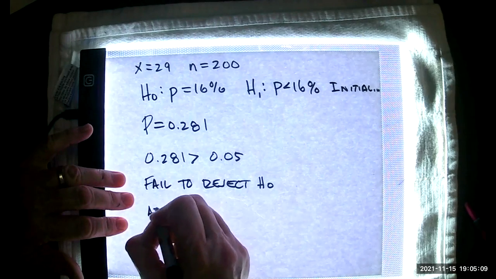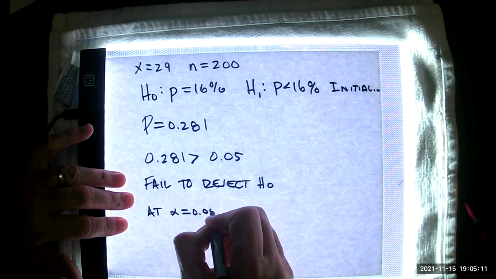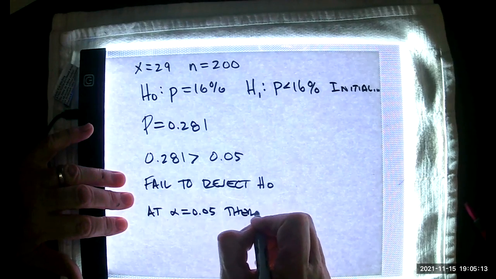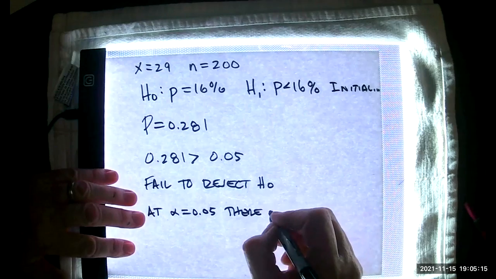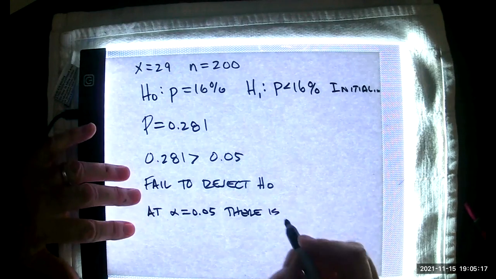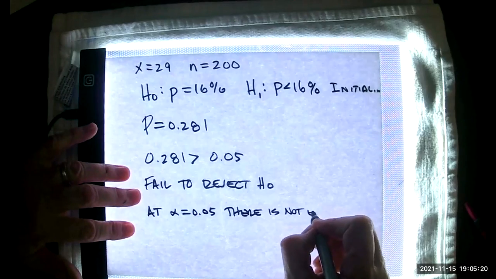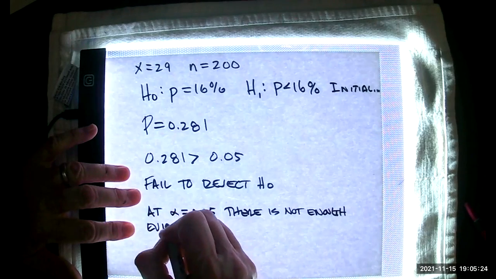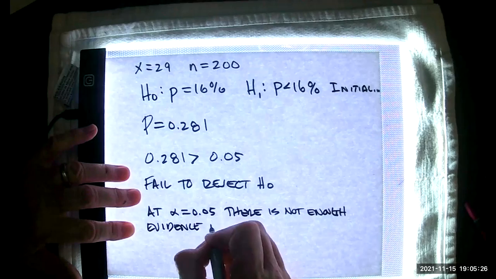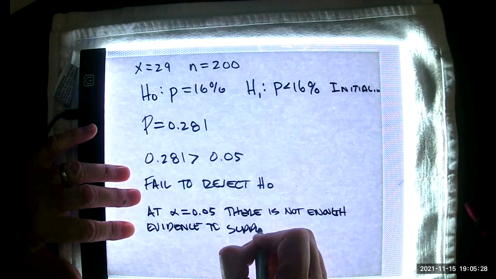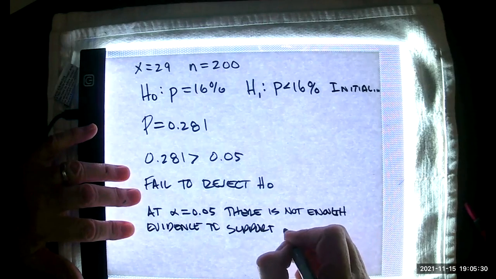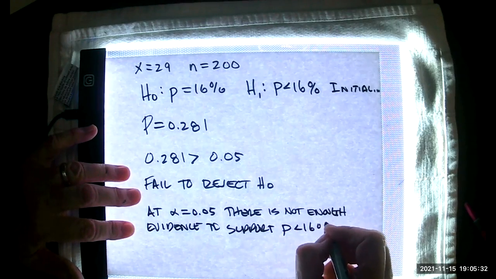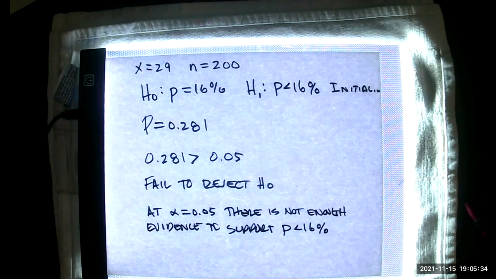So at alpha equals 0.05, there is not enough evidence to support, and then we've got our initial claim. P is less than 16%.